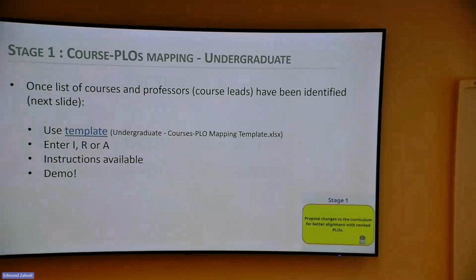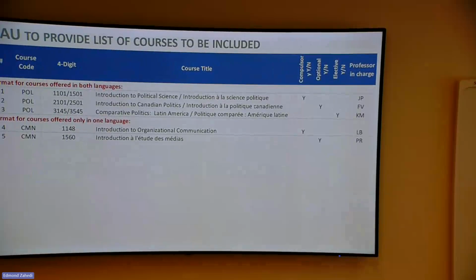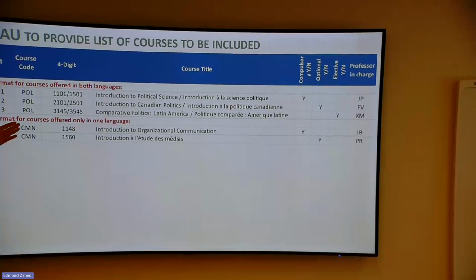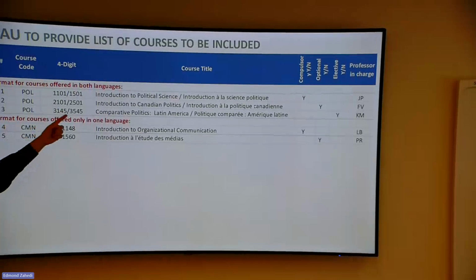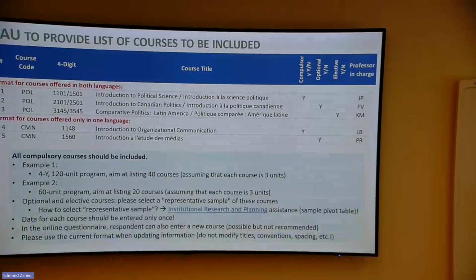So the template, we just had a look at it, and so these are instructions about how to schedule all of that. So format courses offered in both languages. If you feel that you don't need to differentiate it, so far this is how we did it. If there is only one language, so this is how we do it.